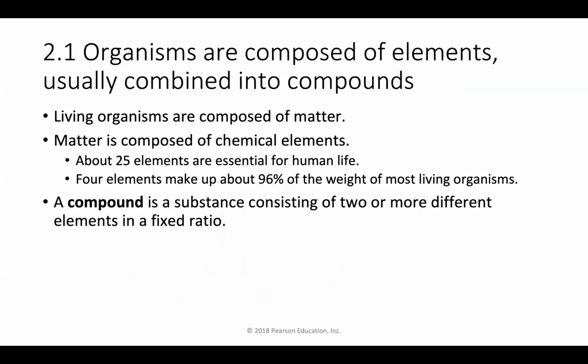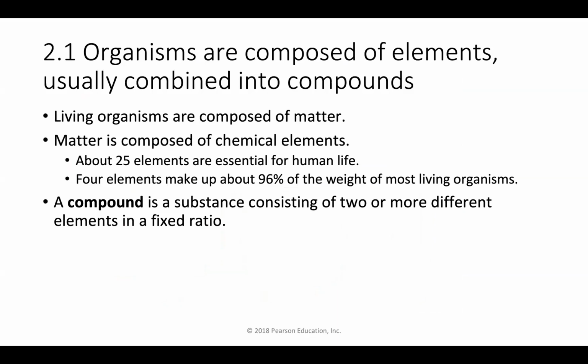We're composed of matter. And so our overall point here is that organisms are composed of elements, which usually interact together to form compounds. But if we step that back just a little bit, we're looking at basically combinations of matter. Matter is composed of chemical elements.